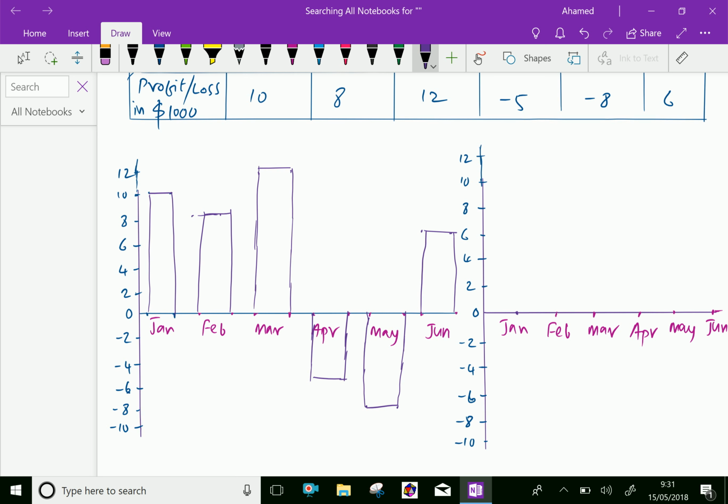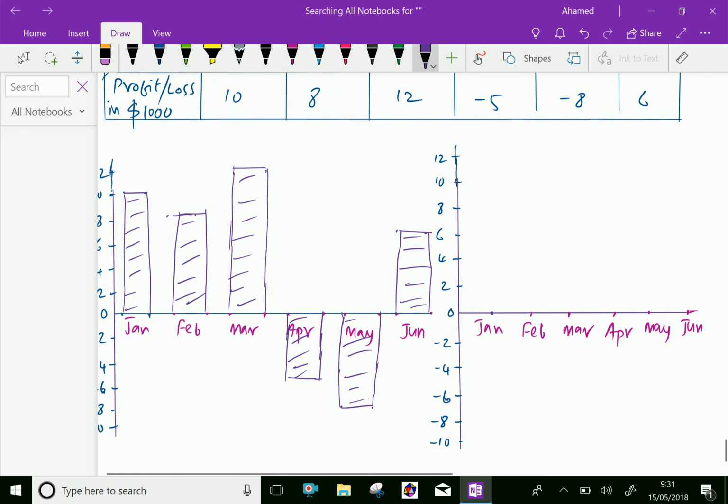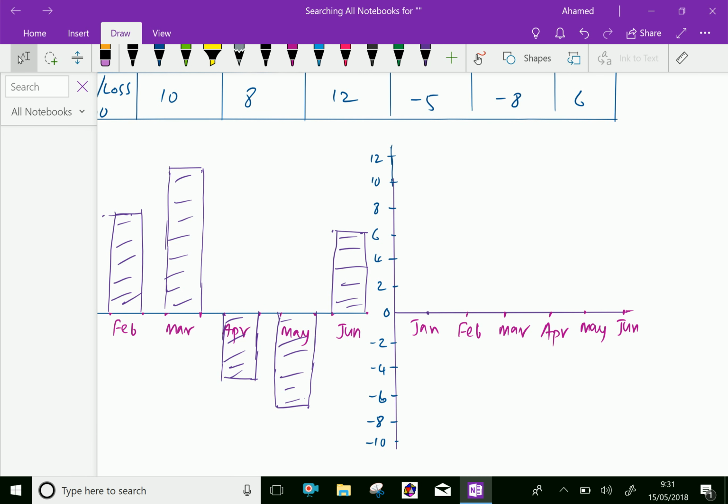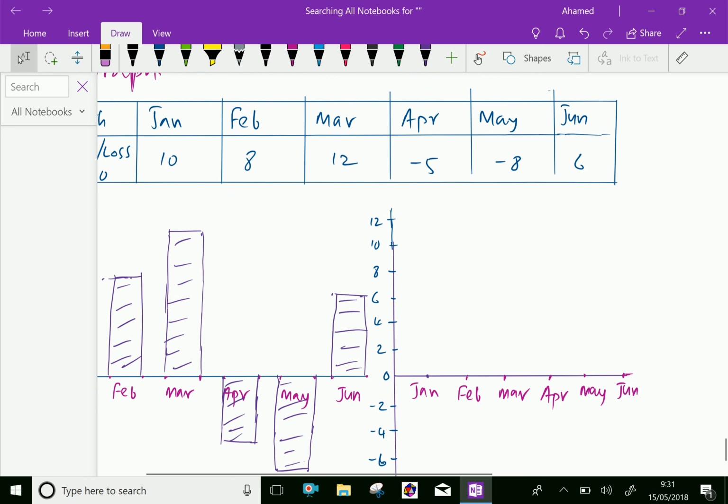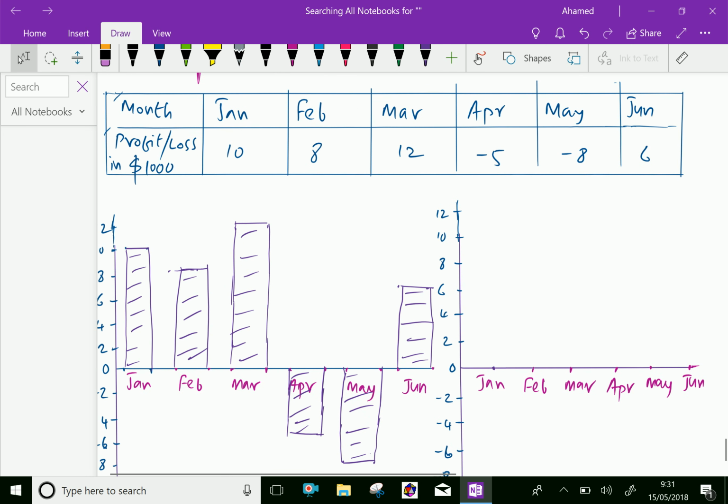Now we can shade the graph also, because it's a bar graph. You can shade the bars. The same information we can note in a dot graph, like here. January is 10, put the dot here.